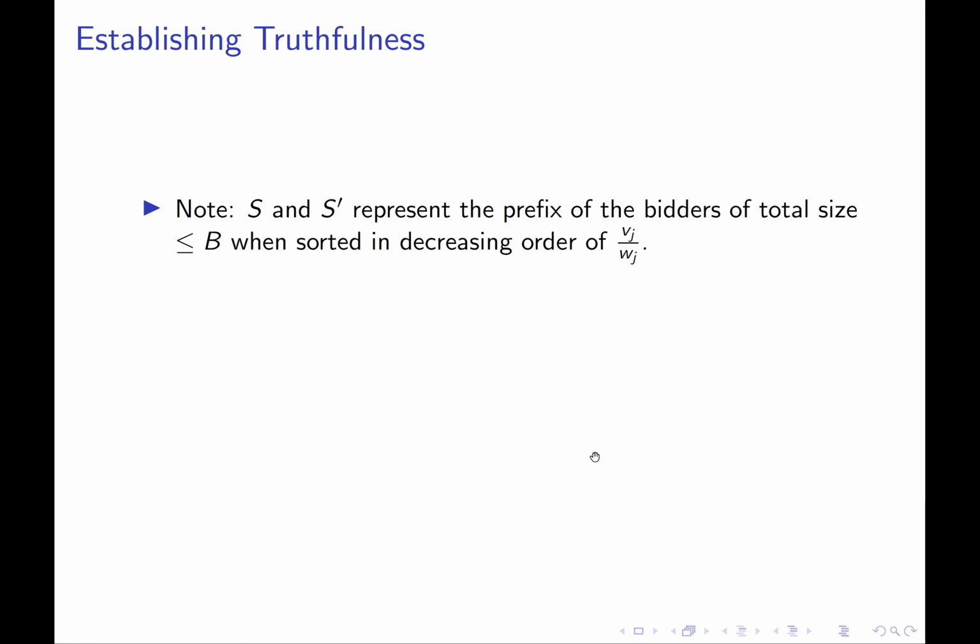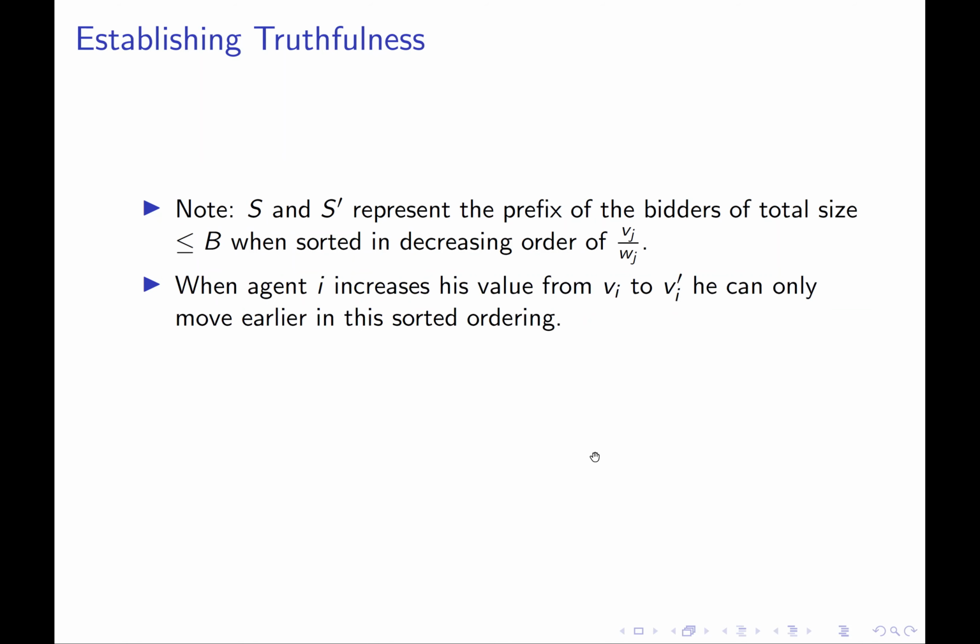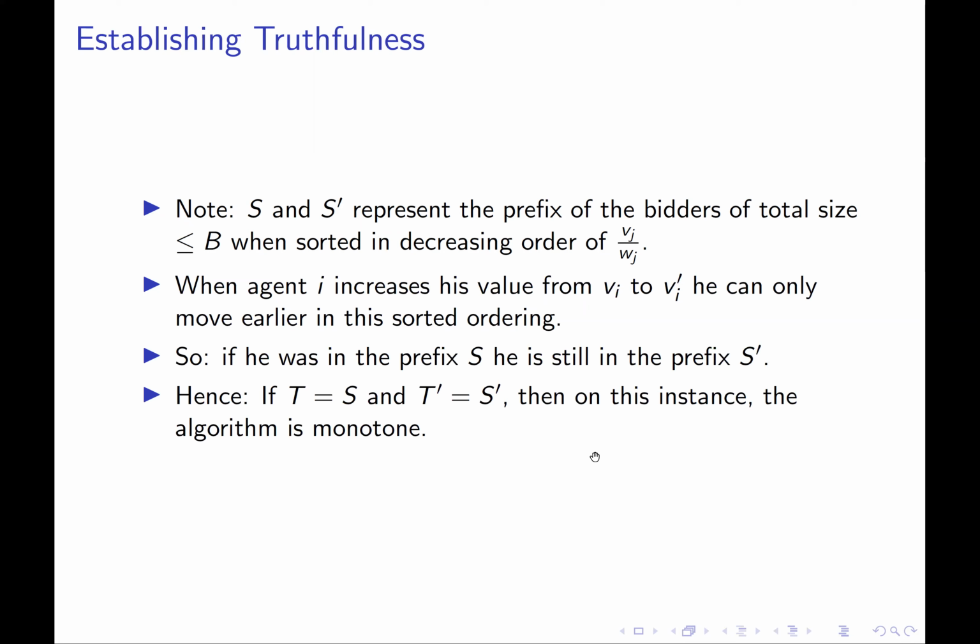And so if you were in the prefix of bidders that fit in the knapsack in the original sorted order, and then you move yourself forwards in the sorted order, you're still in the prefix that fits within the knapsack because you only moved yourself upwards. And so if bidder I was in this prefix S, he's still in the prefix S prime. And so we've already established that if the algorithm outputs as its solution the set S, then it satisfies this monotonicity property.